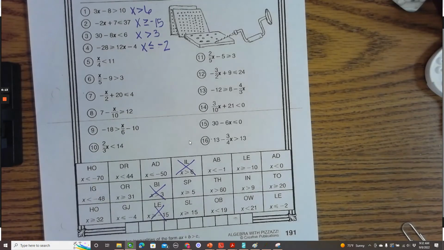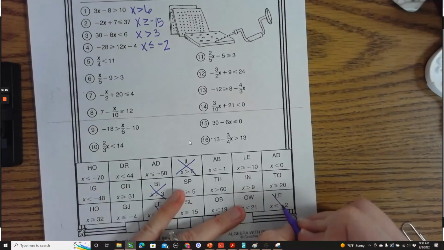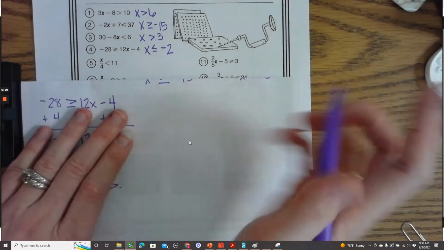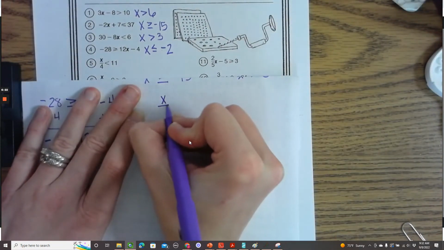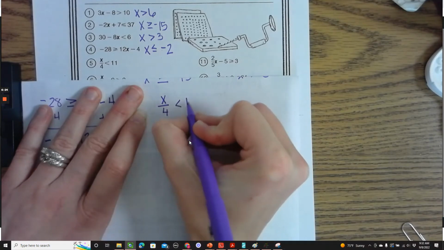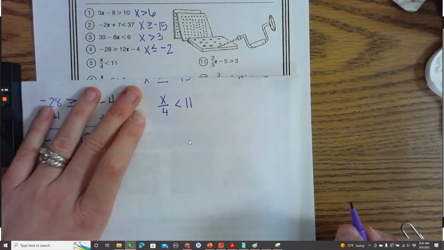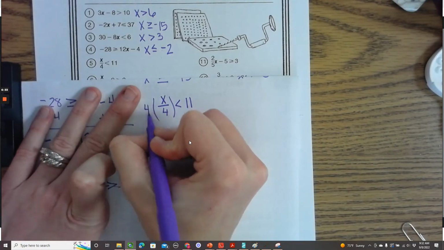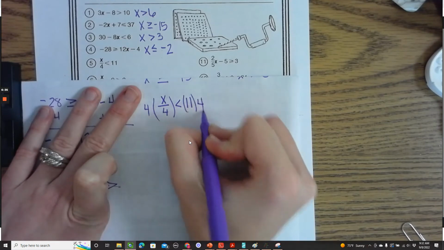What'd you say? What was it? LE. All right, number 5. What is being done to the x in this problem? Being divided by 4. I'm going to multiply this by 4. I'm going to multiply this by 4.